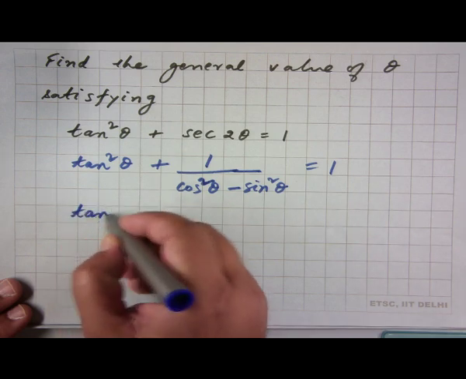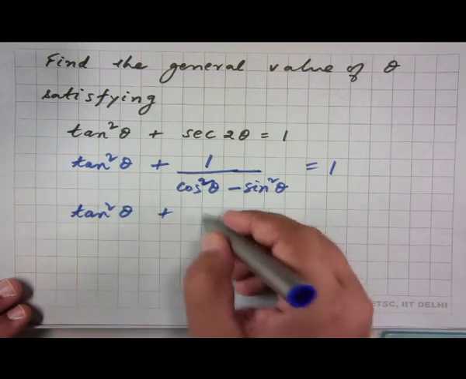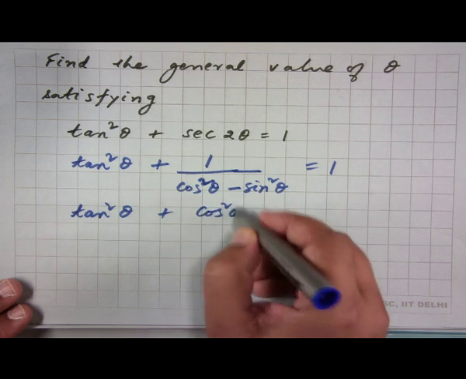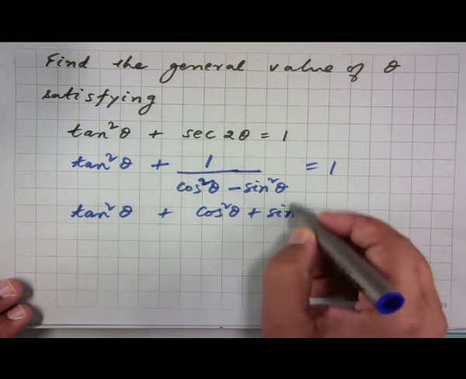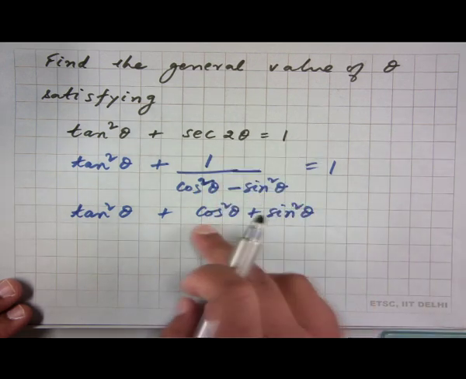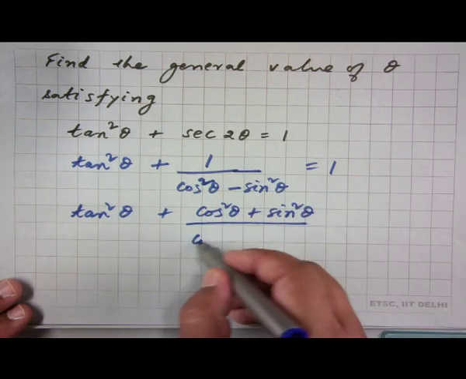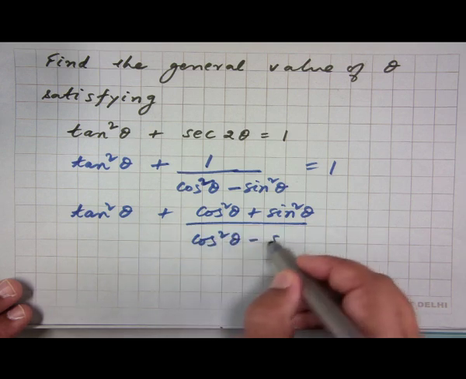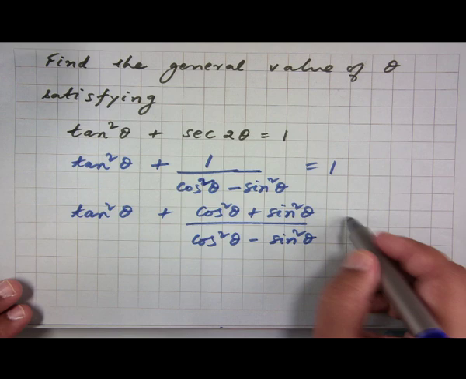Since cos square theta plus sin square theta is 1, the numerator is replaced by this, divided by cos square theta minus sin square theta, equal to 1.